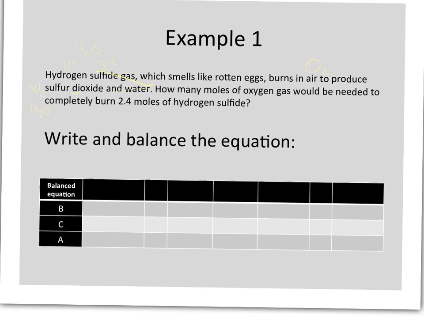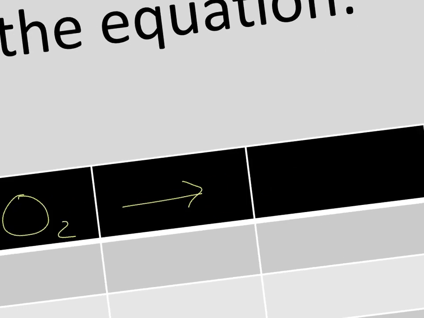All right, so putting those all out, we have H2S plus O2 gives us SO2 plus H2O.